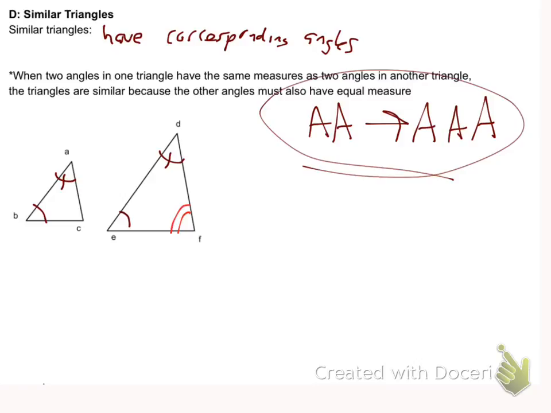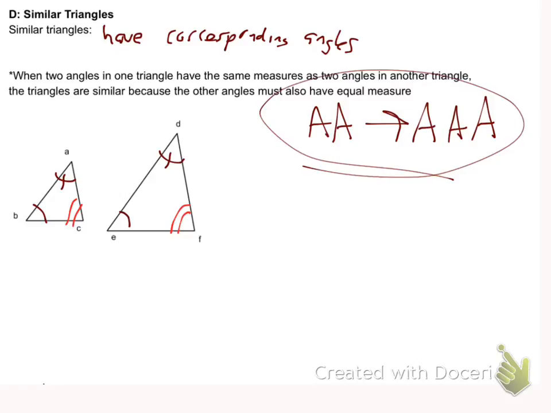That our third angle would have to be the same as well. That means they are similar objects. That means they have a scale factor between the 2. I'll put some values on there to show you that. That means all 3 angles, they're similar.